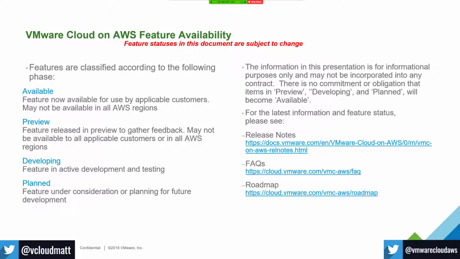But in between what we call our milestone releases or our M releases, you may hear this come up often in a lot of our presentations, in between those M releases, we are still constantly releasing stuff. So we are updating the portal very frequently. We are adding new features, fixing bugs, all those kind of things. So it is a constant evolution, it's a constant development. We have really taken the CI/CD to heart.